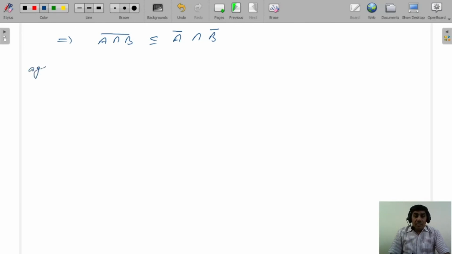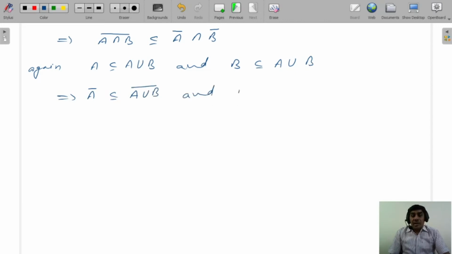Again, A is contained in A union B and B is contained in A union B. This implies A closure is contained in closure of A union B and B closure is contained in closure of A union B. This implies A closure union B closure is contained in closure of A union B. Put it equation number 1.